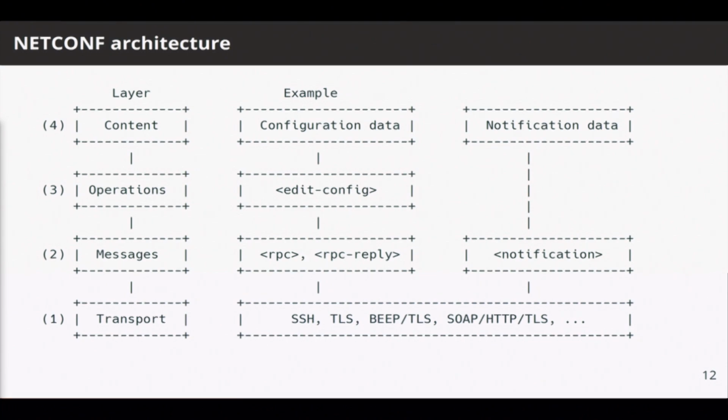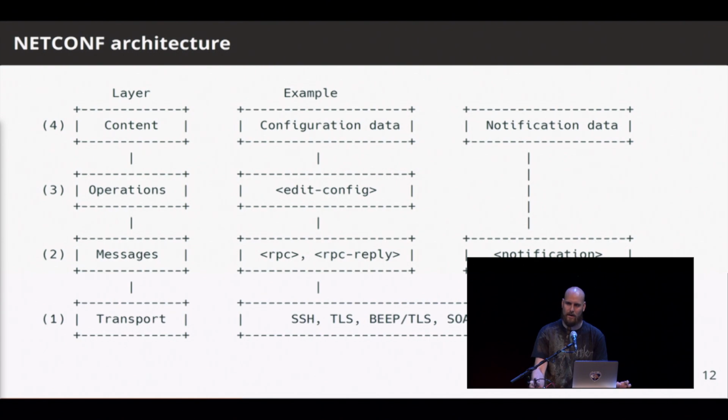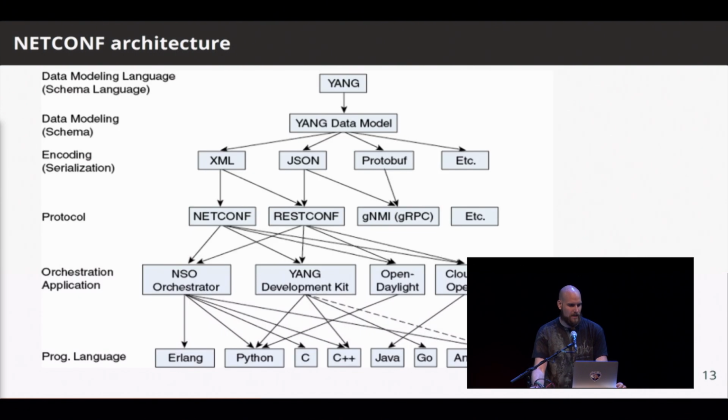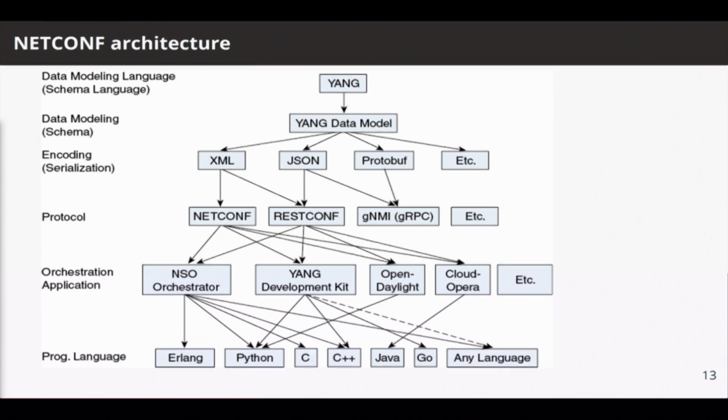There is, apart from NETCONF, a different protocol called RESTCONF. Some of you might also know it. This maps this whole architecture on top of URI paths and a RESTful interface using HTTP semantics. So if you look at the full picture, on top you have YANG as a modeling language. Then you have the data models created in YANG.